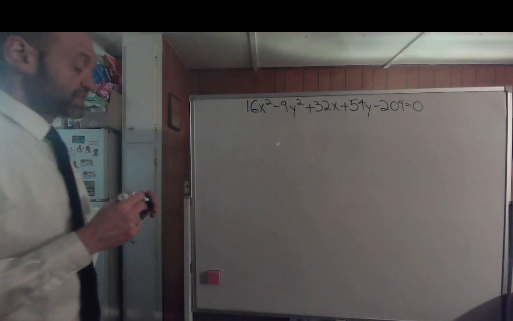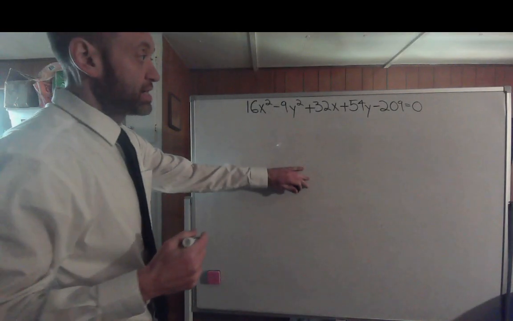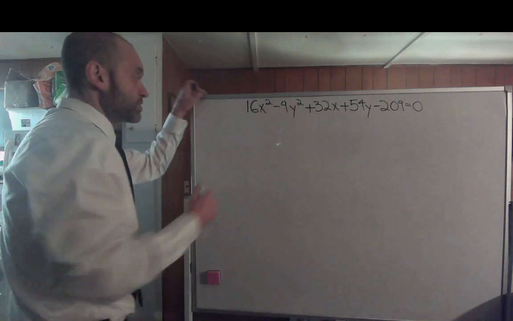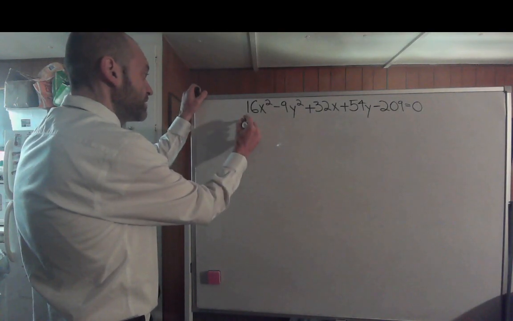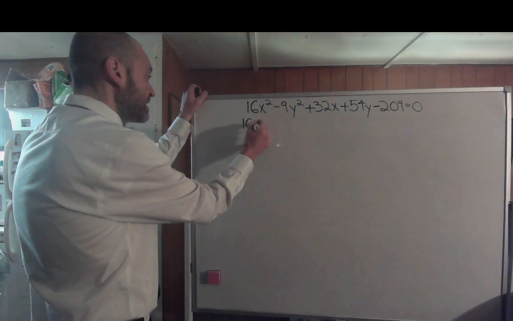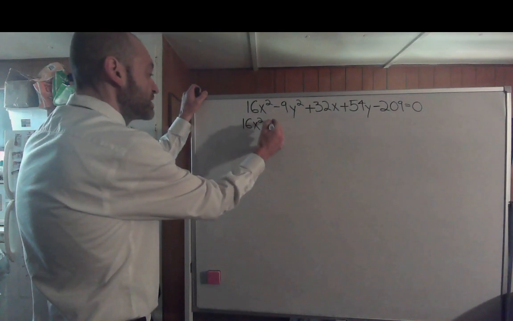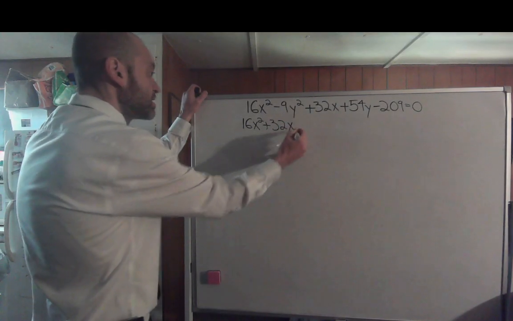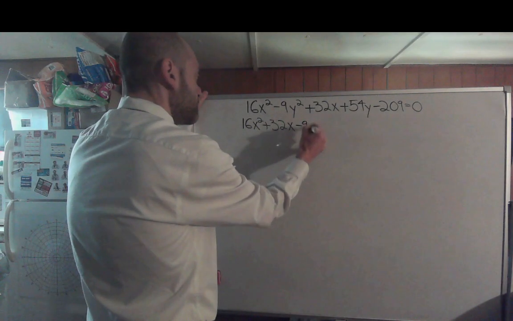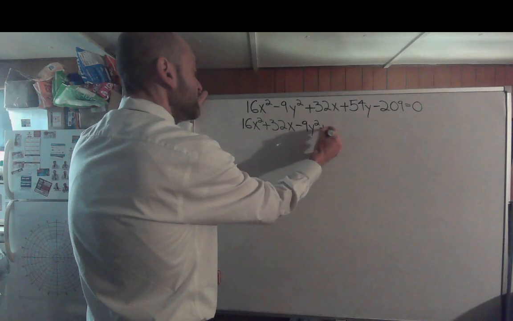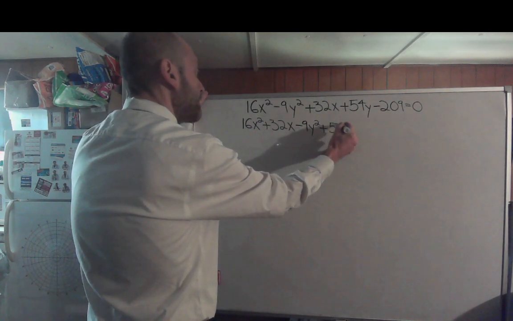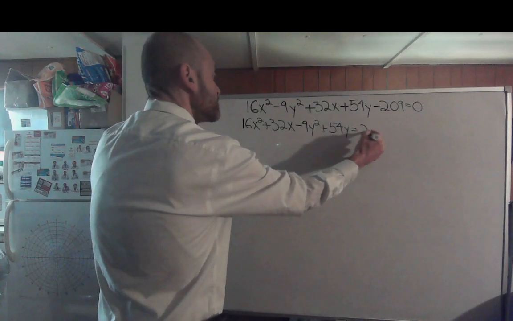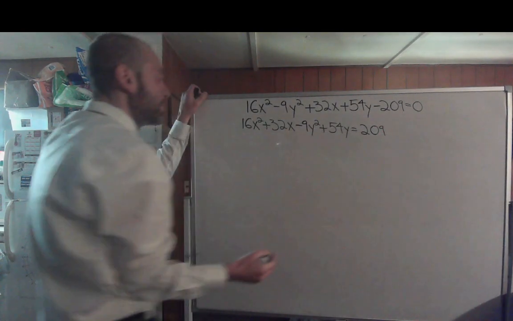Well, let's go ahead and simplify this. Get your x and y terms together, get the constant over to the right-hand side. So you would end up having 16x squared plus 32x minus 9y squared plus 54y equals 209.